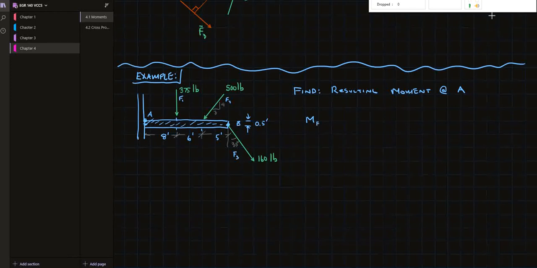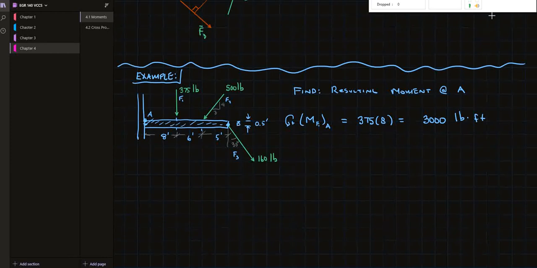So the moment of F1 about A equals, keep in mind any direction like this we're going to take as positive, 375 times 8, or 3,000 pound-foot.